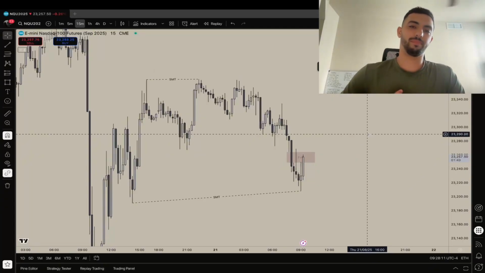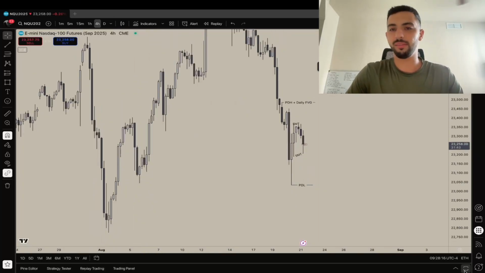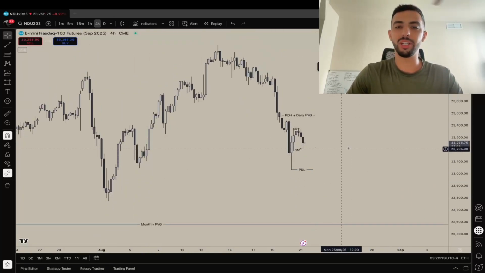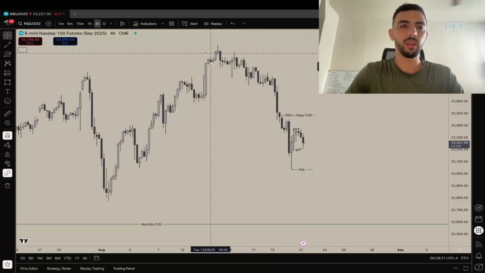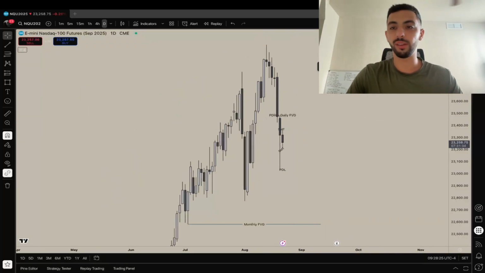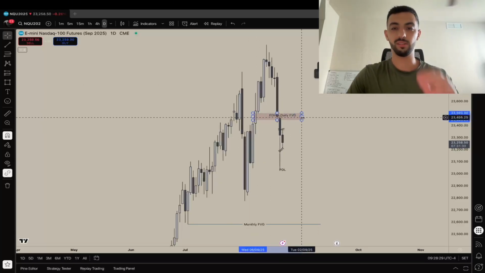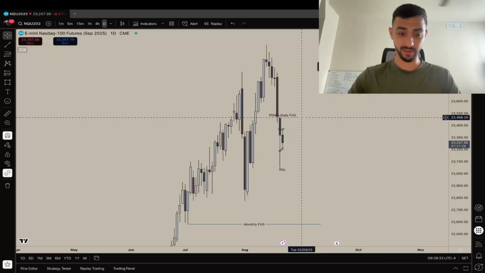So listen, my bias for today is bearish. Why? Well, look at this. We have such strong bearish order flow, and as you can see on the daily, we inverse the daily gap to the downside. We're starting to inverse daily gaps to the downside.